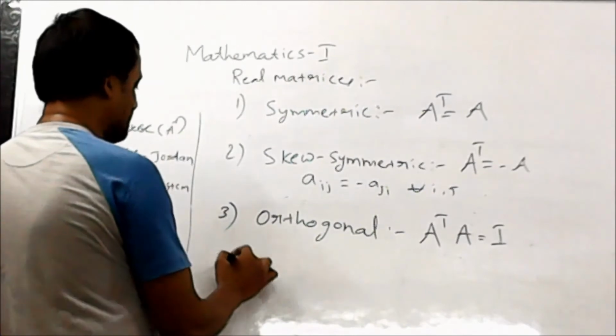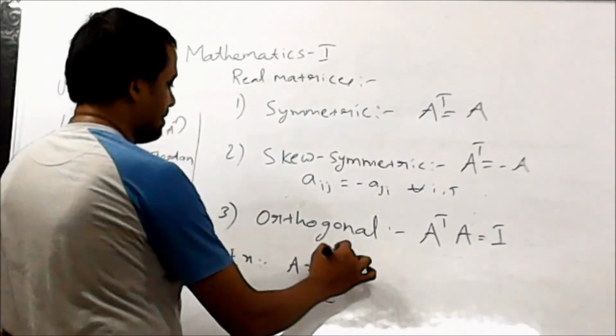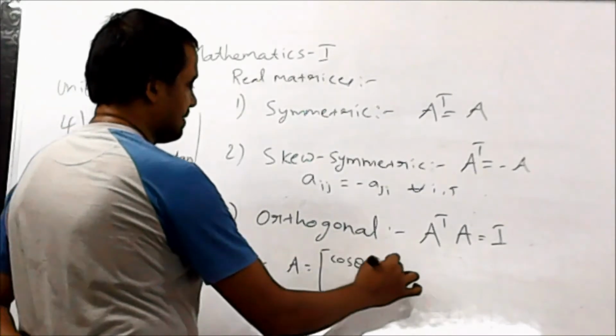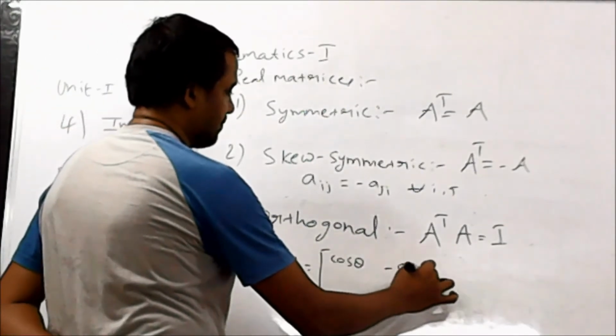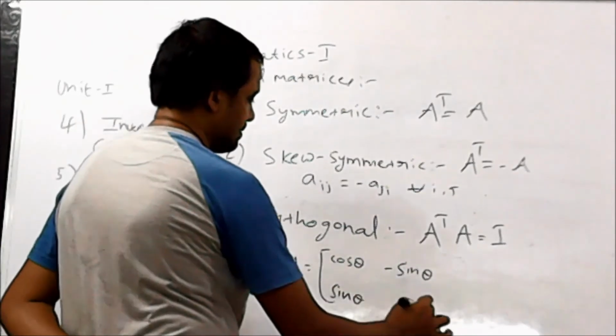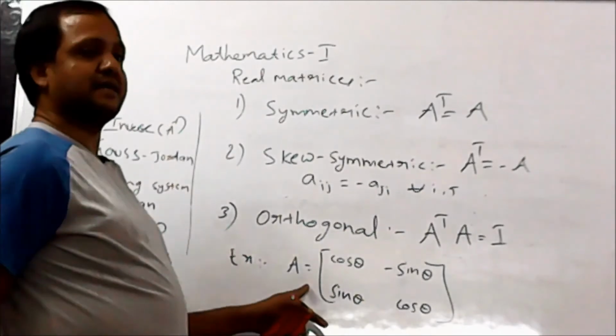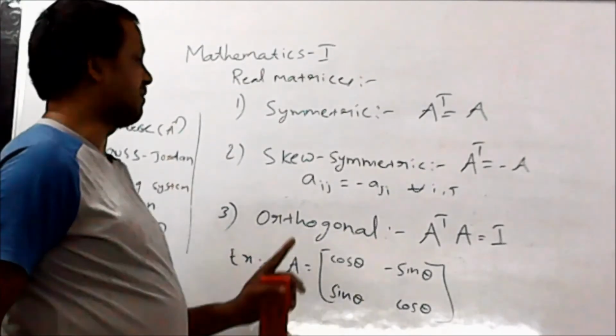So for an example, you need to remember this example: A is equal to cos theta, sin theta, minus sin theta, cos theta. You can verify in a simple way that it satisfies the condition A transpose into A equal to the identity matrix.